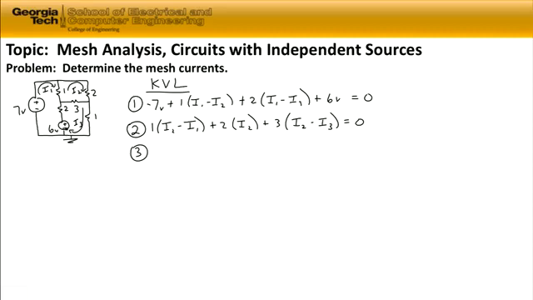Again, starting at the lower left-hand corner of loop 3 and going around it, we get the negative polarity of the 6-volt source first, so it's minus 6 volts. We then encounter the 2 ohm resistor. It's going to be plus 2 for the resistor, 2 ohms, and then the positive current through that is I3 minus I1. Then we have a 3 ohm resistor that we encounter, and it's going to be 3 times I3 minus I2.